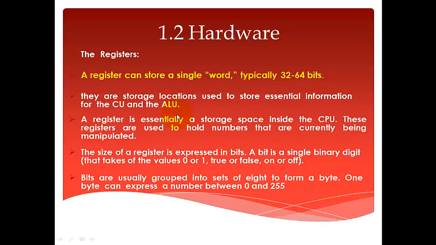That is, 8 bits can express a value between 0 and 255, right? If you convert 0 to 255 into binary values, we can use 8 bits to specify this value. That's why we call it a byte, right?